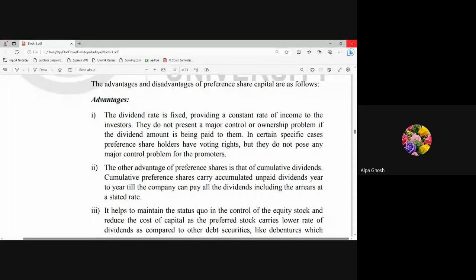The equity shareholders are the real owners of the company, and so they have voting right, and when they have voting right, they have a say in the management, they have control in the management of the company. But preference shareholders, they do not have any say in the management of the company, and that is the reason why they are being paid only with fixed rate of dividend. They do not have any voting rights also.